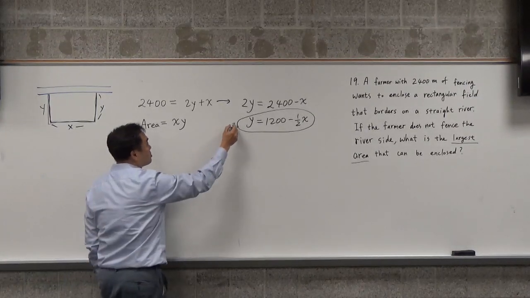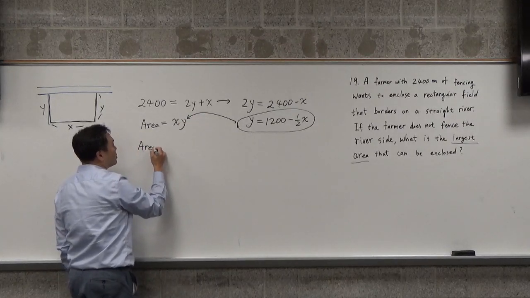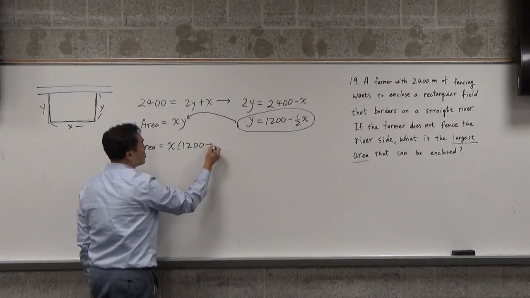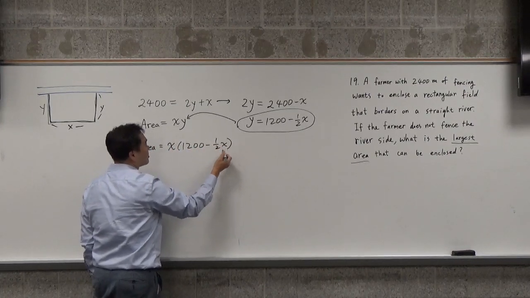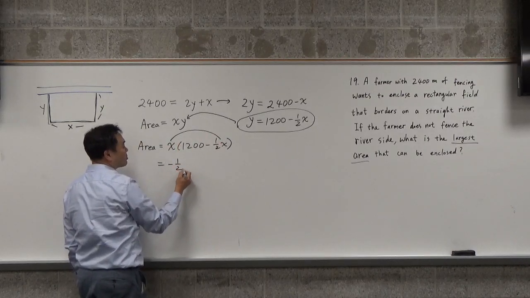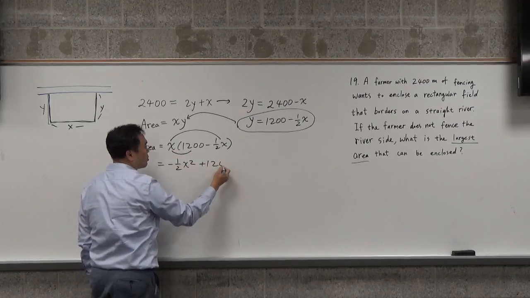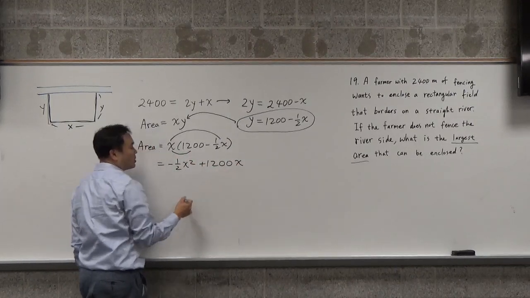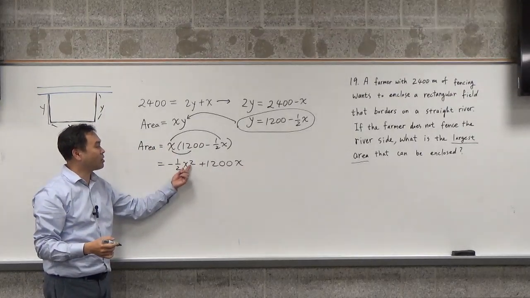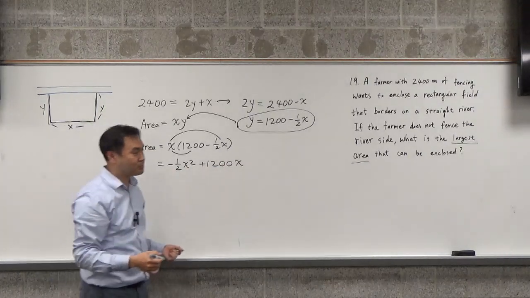And then that's going to be plugged into this y so that you have the area as x times 1200 minus 1/2 x. Now let's multiply this together, so you get negative 1/2 x squared, and then x times 1200 will be 1200x. And I kind of reverse the order. I like the square coming before the first power, so I'm going to write it this way.